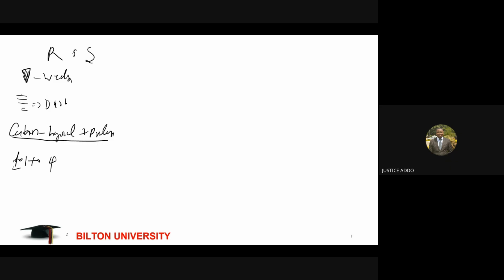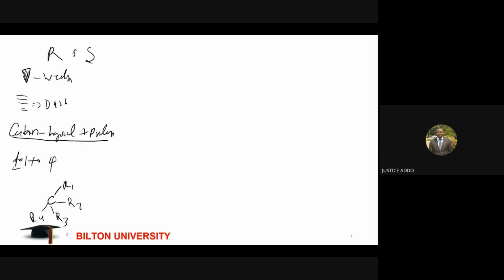So for example, if I have this carbon here and I have 4 substituents attached to it, R1, R2, R3, R4, then I'm going to give them priority based on their atomic number. The larger the atomic number, the first priority it gets.